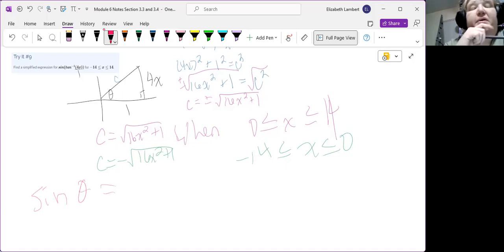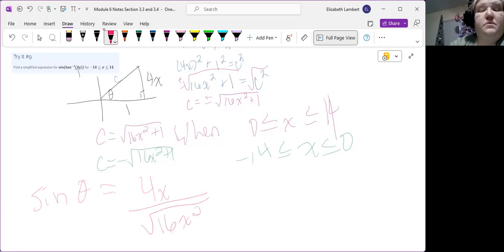So the sine of the angle in question is opposite theta, 4x, over the square root of 16x squared plus 1 on the bottom. We typically do not rationalize these.